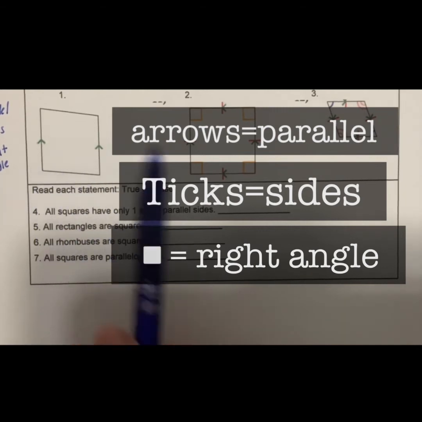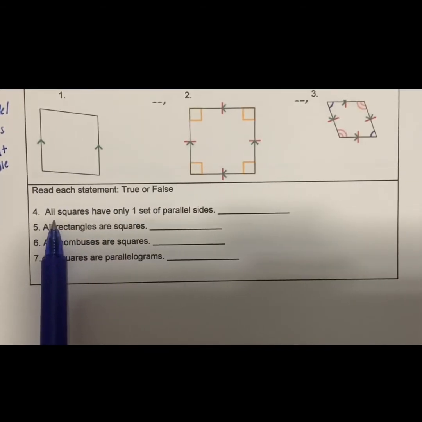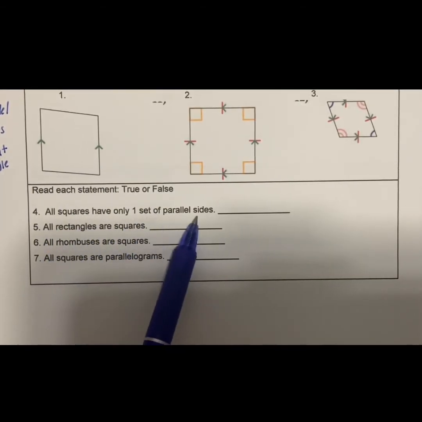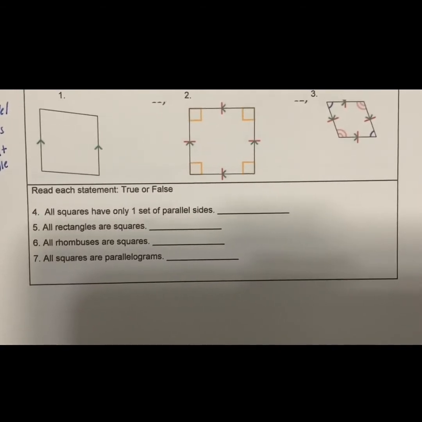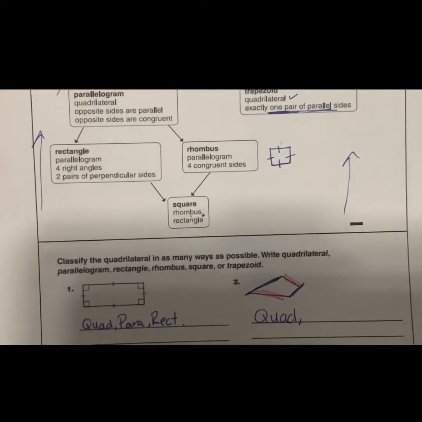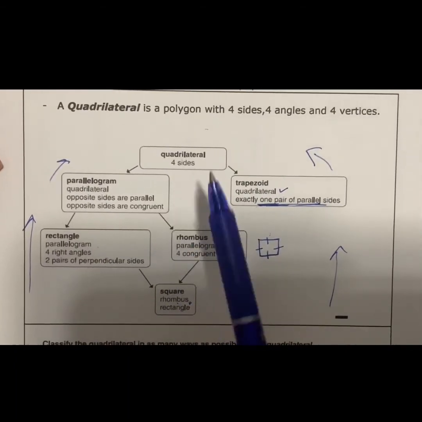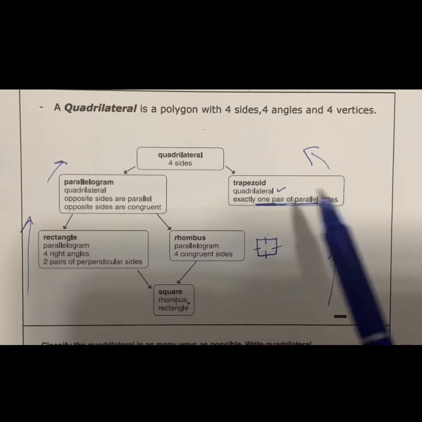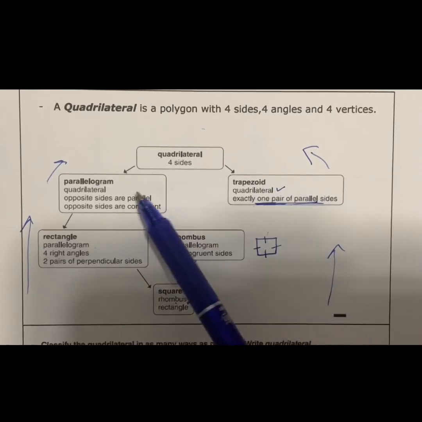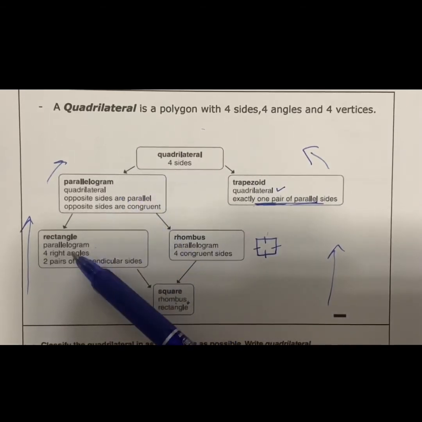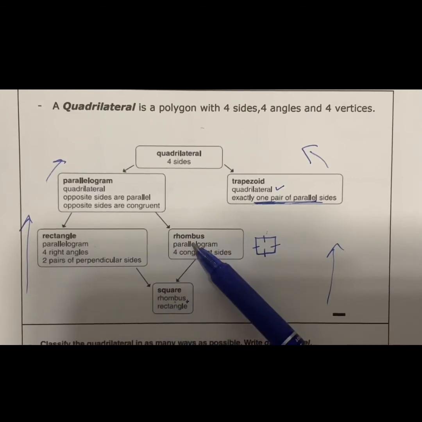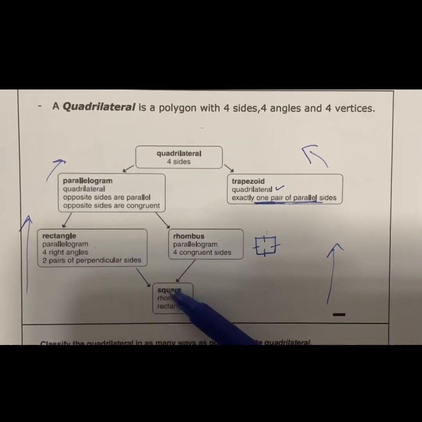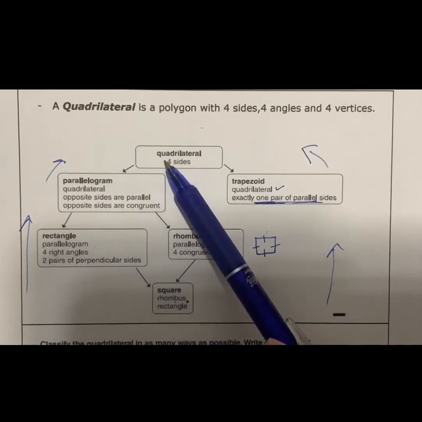Another true and false for independent, read it carefully. All squares have one set of parallel sides. Make sure that you're looking at this. This is a nice little picture to show quadrilaterals. Notice how trapezoid is by itself here, parallelogram is both of these, and then a square is everything. So a square is a rhombus, a square is a rectangle, a square is a parallelogram, a square is a quadrilateral.